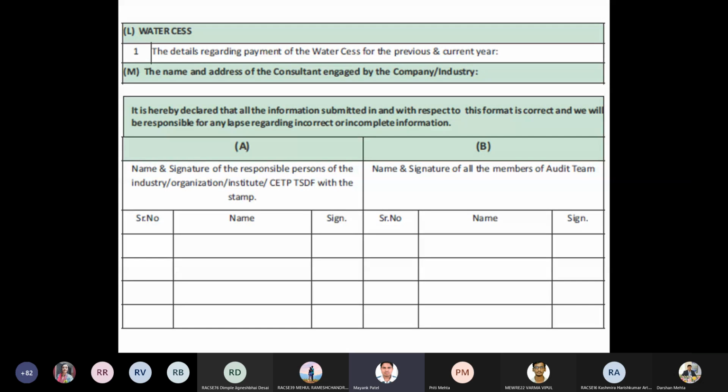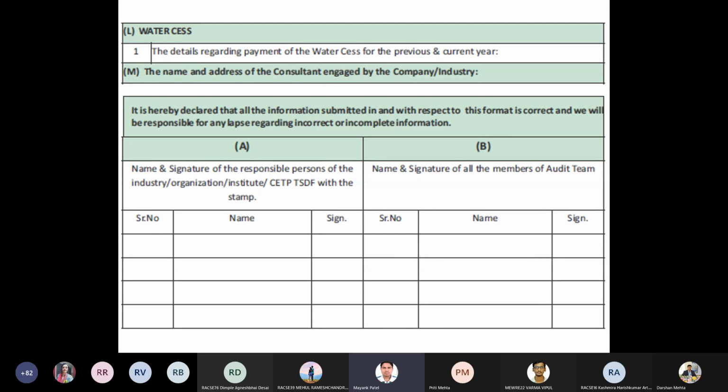Then the name and address of the consultant engaged by the company or industry, the details thereof are required. And at the last, in the section M, section A, B subsections, you will have the name and sign of that employee industry side responsible for that industry and the environment, right?